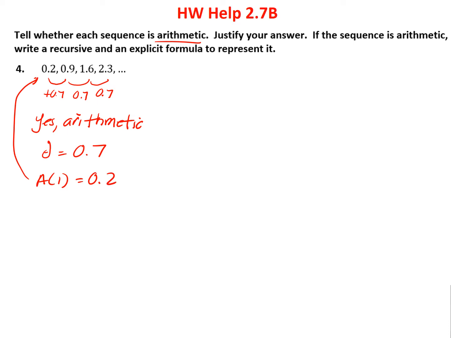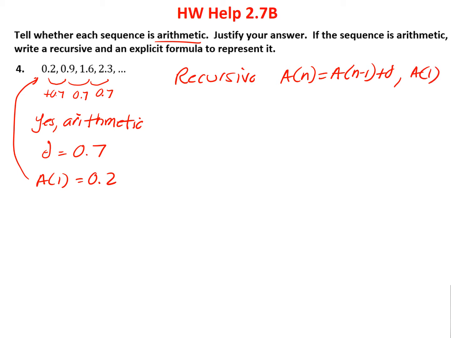So let's first write our recursive. So the recursive, you remember, is the nth term is equal to the previous term, the n minus 1 term, plus d, and knowing where you start.